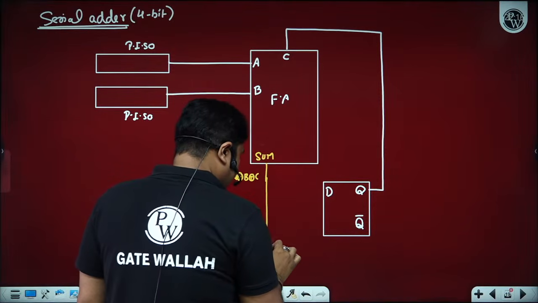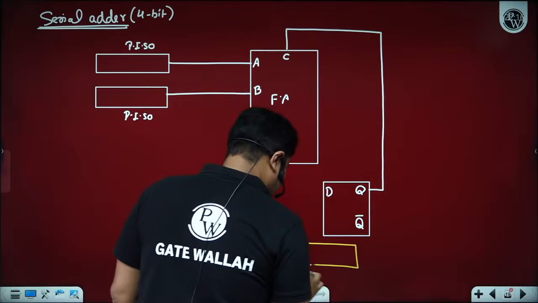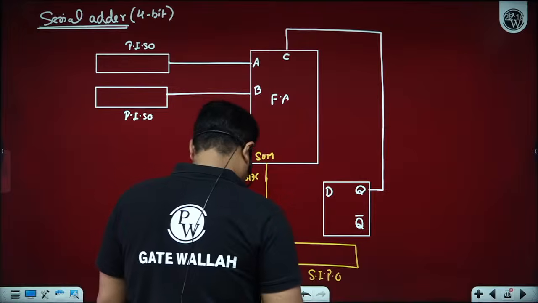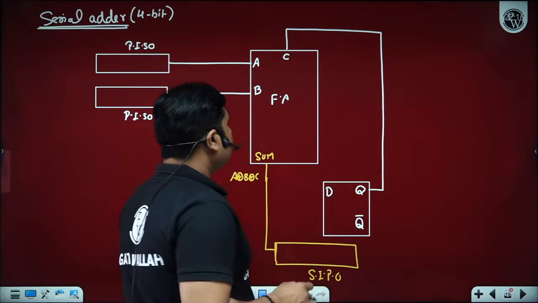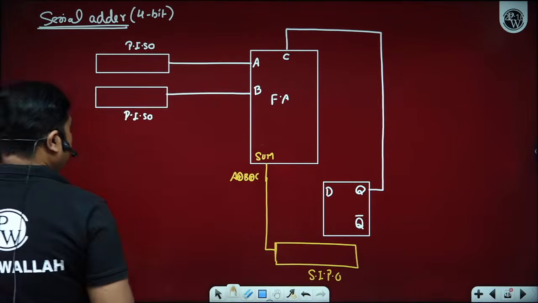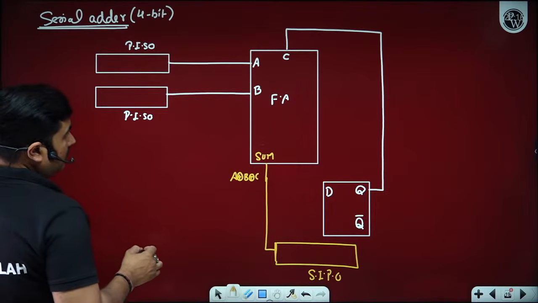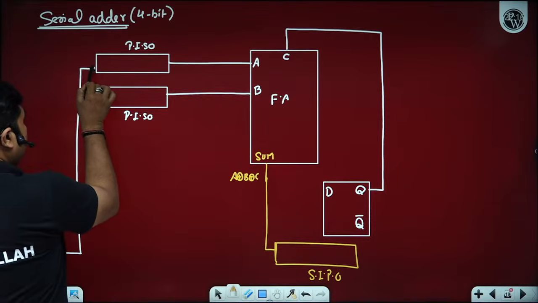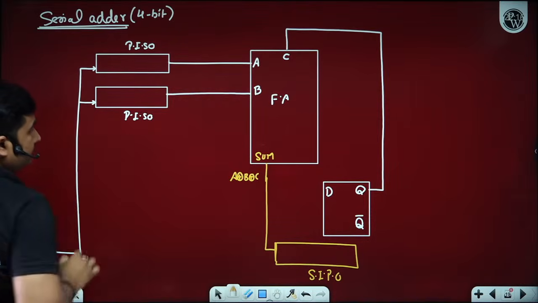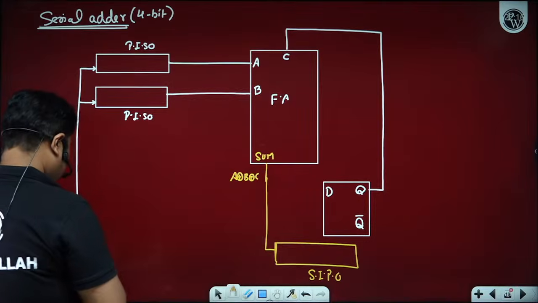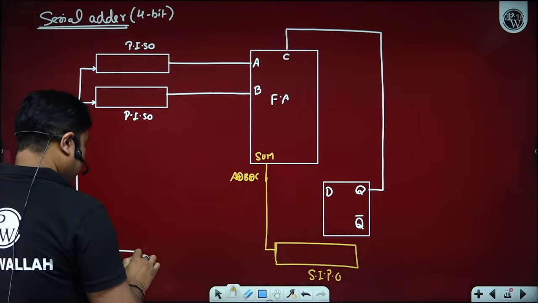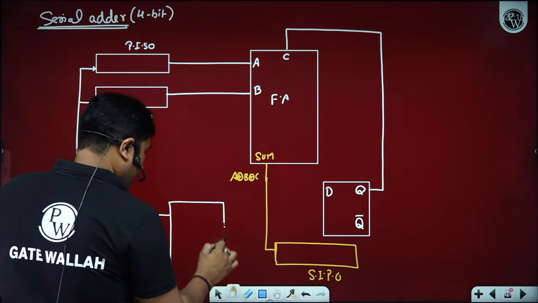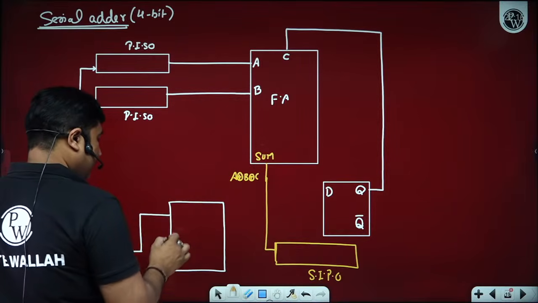And this data is being stored in SIPO. And we have a clock. These two are being clocked directly, and this is being clocked with 1.